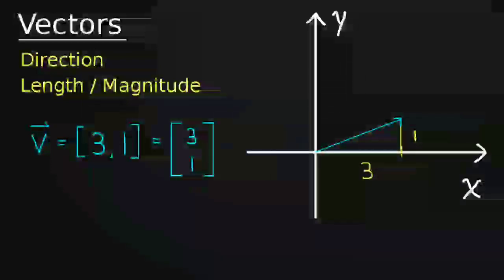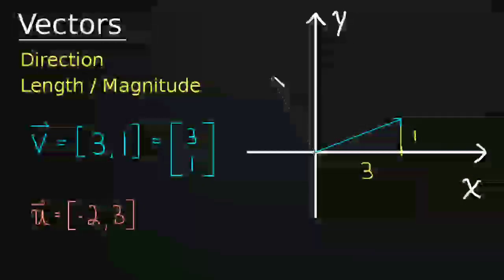Okay, let's look at another example. Let's look at, let's say, the vector u. And let's say it has the components -2, 3. Well, that simply means we're moving over -2 in x and up 3 in y. So maybe something right around here.